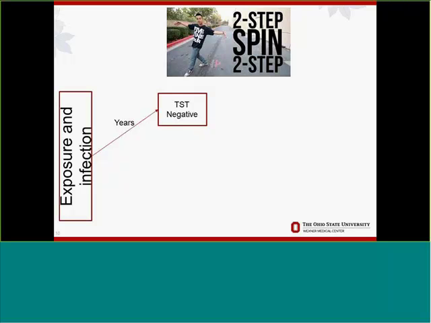We do a tuberculin skin test, and it's negative on the first test. Let's say they're in a position where we're going to repeat this maybe once a year or so. We wait a year, we repeat it. It's now positive. We now have this question of when did the infection actually occur? It could have occurred any time in the past year or any time prior to that.